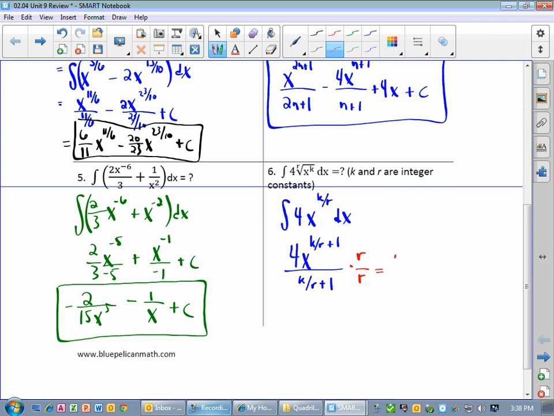And so we get 4, we'll write rx, so I can write the exponent after. So 4rx to the power of k over r plus 1 over, and when we multiply the denominator, we have to be sure we distribute. So r times k over r leaves us with k, and r times 1 leaves us with 1. So we have k plus r.